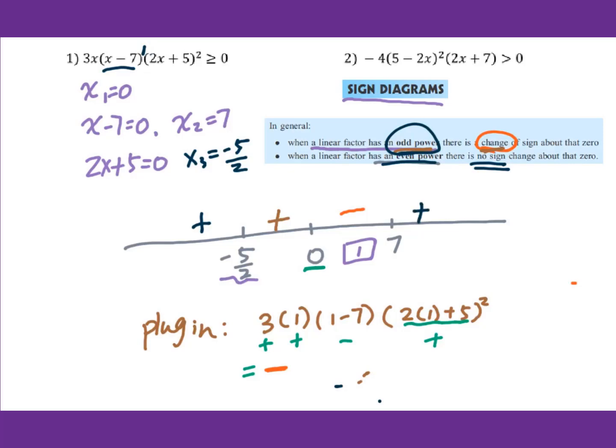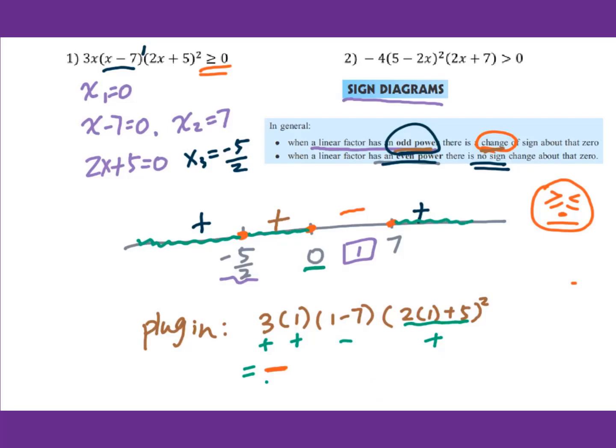For this inequality, we're looking for greater than or equal to 0. We need to put a closed circle for these zeros, because of the angry face. Then the positive interval will be your solution, from here to here, and from here to here.